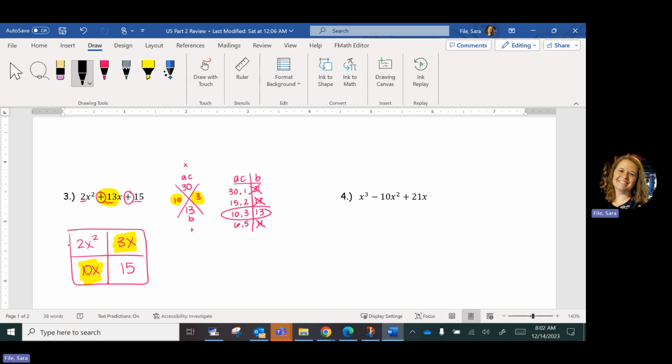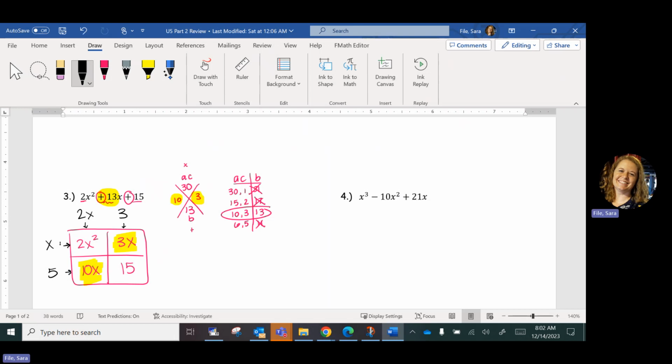So the GCF of this row, what can I factor out of both of these? Just an x. What can I factor out of both of these? Now the columns, what can I factor out of this column? 2x. Yeah, an x can come out as well. What can I factor out of this column?